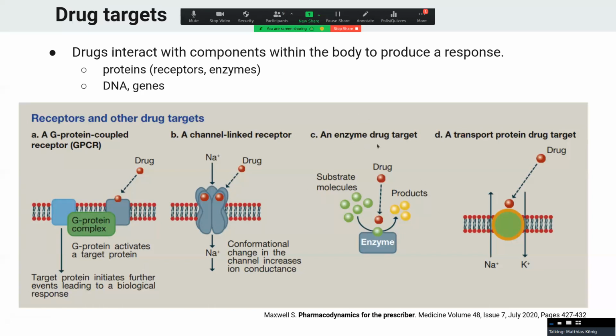Other targets are enzymes or transporters. With the enzymes, often the drugs are inhibitors or activators, and they change how much the enzyme can convert substrates to products. Here is another example for a transport protein, which would change the transport activity of sodium and potassium.